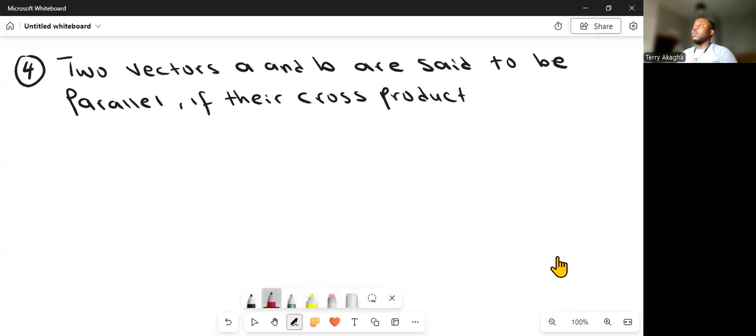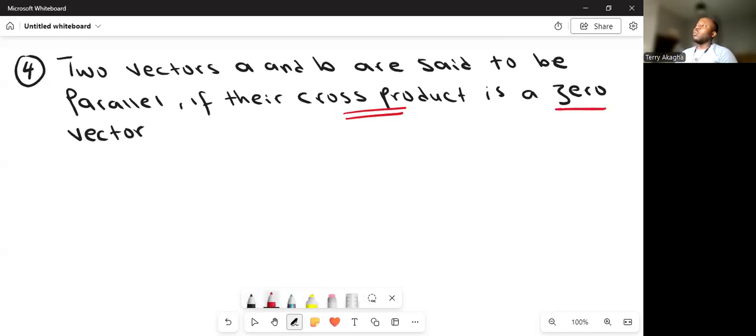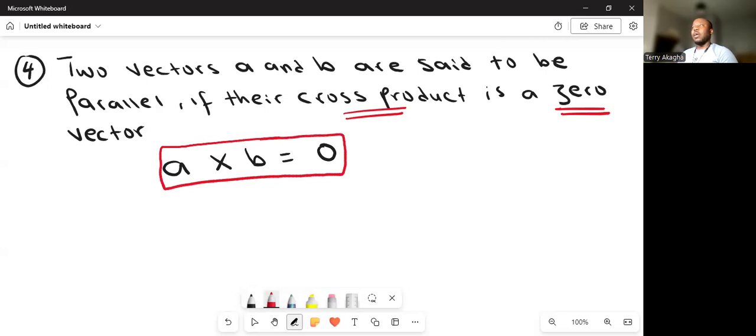In this case, we're looking at the cross product. So if the cross product is 0, then the two vectors are said to be parallel. So A cross product with B is going to give you 0.